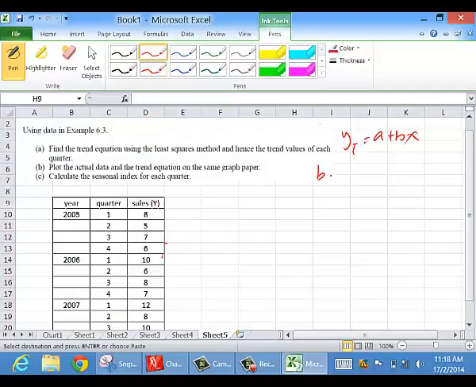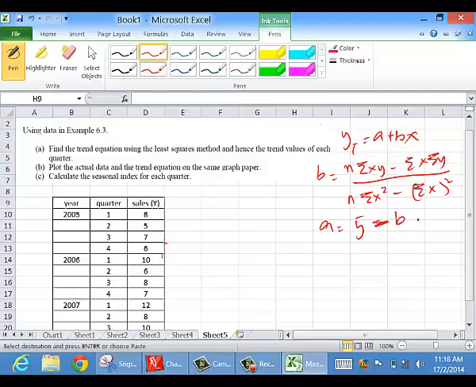So B should be equal to berapa? B is N summation of XY minus summation of X summation of Y divided by N summation of X square minus summation of X squared, right? A equal to Y mean minus B X bar.